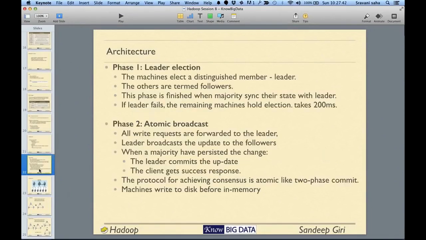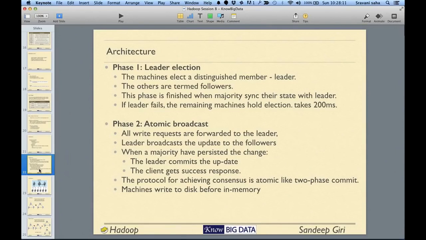So another aspect of the architecture is that there are two phases. One is leader selection. As we told you, Zookeeper is essentially a bunch of computers running the Zookeeper service.